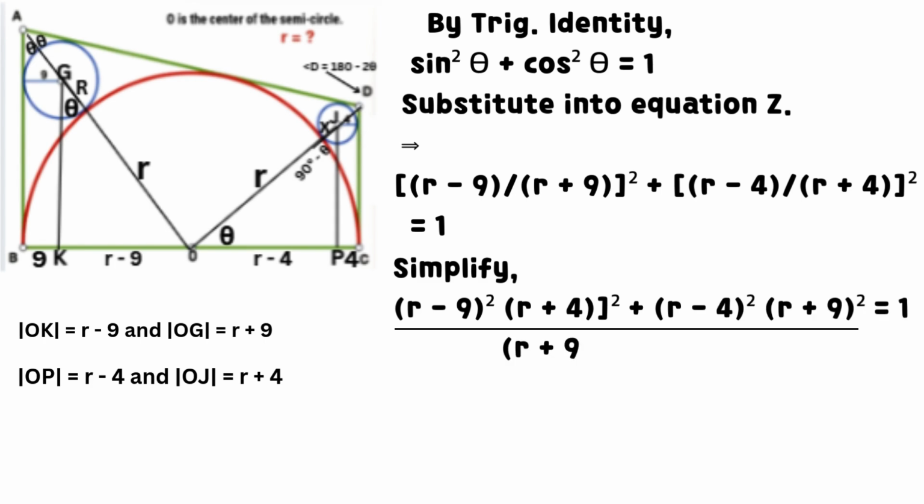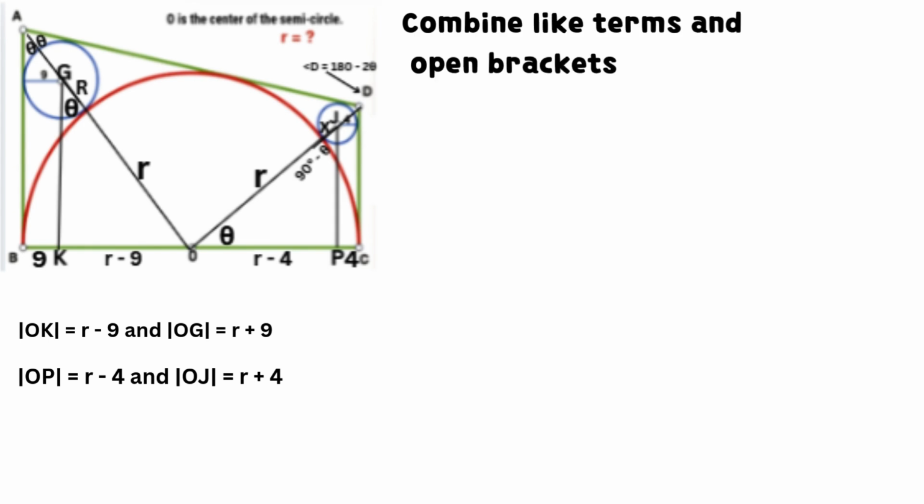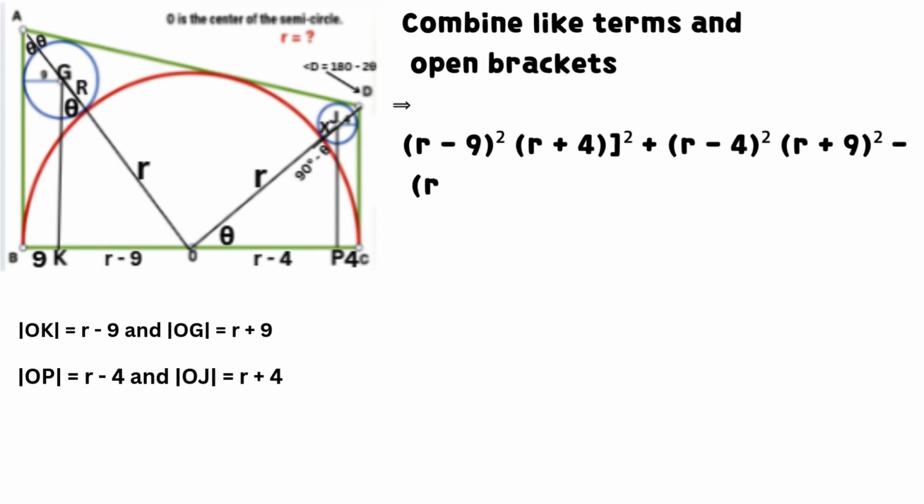Simplify as shown on the screen using the lowest common multiple of the two fractions. Cross-multiply the fraction obtained. Combine like terms and open brackets, as shown on the screen.